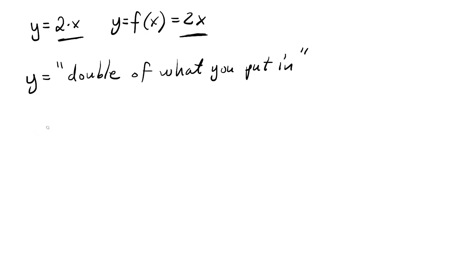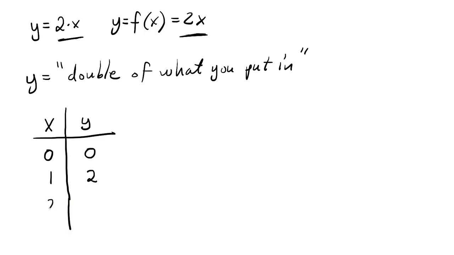Or we could give it in terms of a table. For example, x is what you plug in, and then y is what you get out. So if you plug in a 0, you should get out 0. If you plug in 1, you should get out 2. If you plug in 2, you should get out 4. Plug in 3, get out 6.